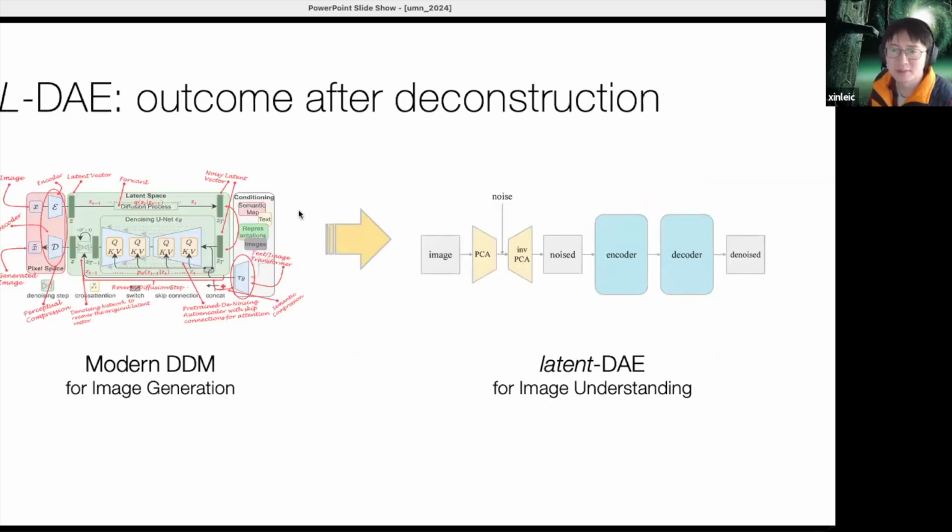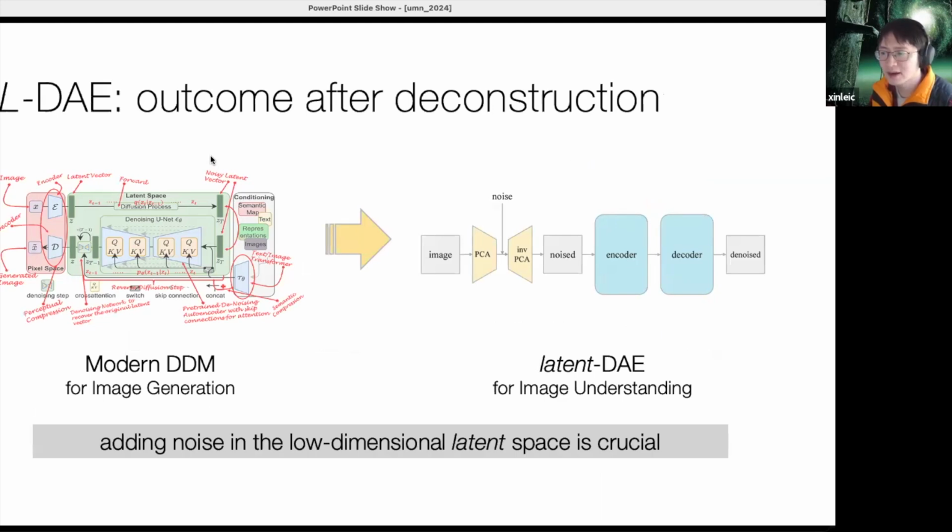The final outcome of this journey is a method called l-DAE, where L stands for latent, because we find that adding noise in the low dimensional latent space is crucial. The simplest form we have tried was PCA. You apply PCA to each patch of the image, add noise there, then inverse PCA. So it's still an image, but it's noised, and then we let it go through this denoising autoencoder.